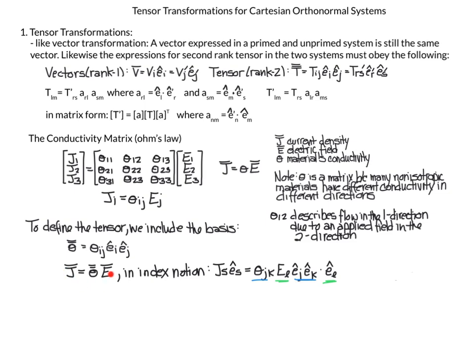And what I want to do is show that this equation, using our index notation, will come out with the same equation we would have gotten with the matrix, just to show you that it's not anything different.